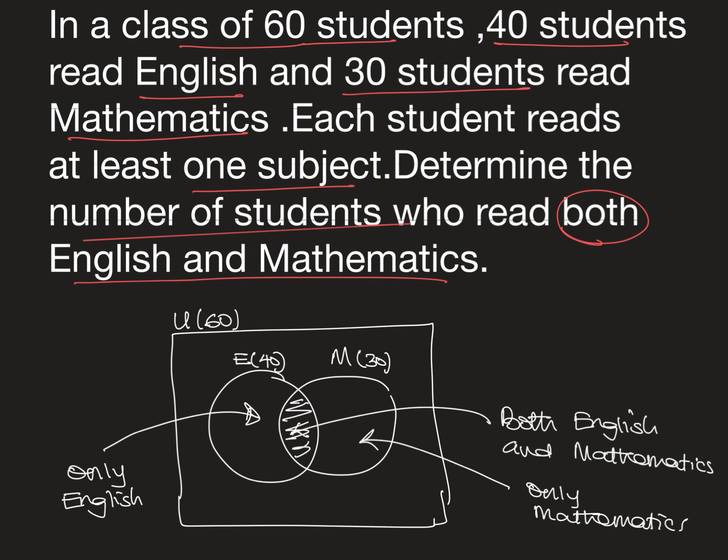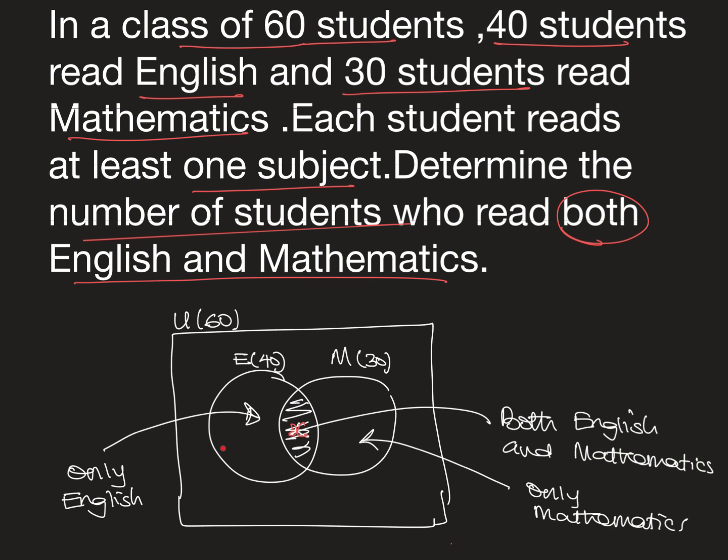So what you have to know is, are you given only English or the total number of students studying English? Are you given only mathematics or the total number of students reading mathematics? That is important to determine. So if I call the number of students studying both English and mathematics X, then how will I find the number of students studying English only?